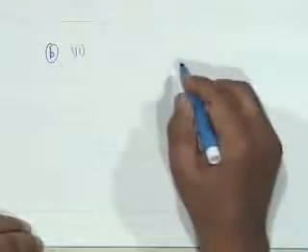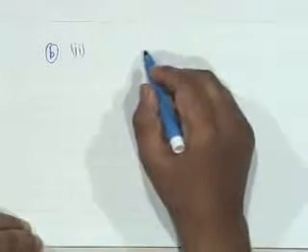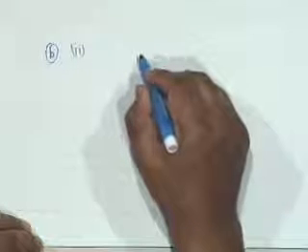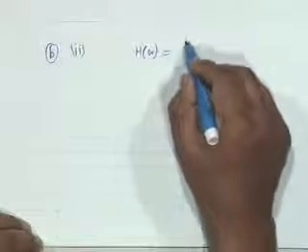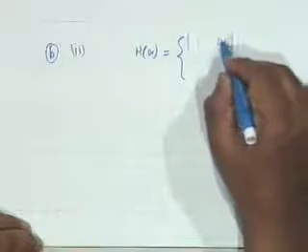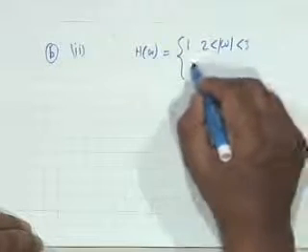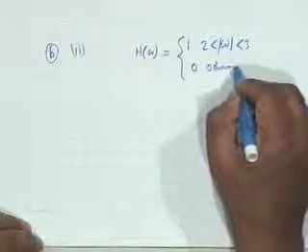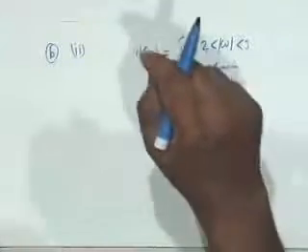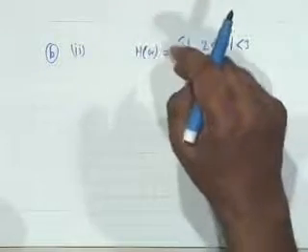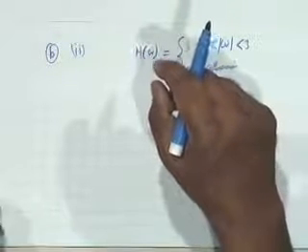The next part of the problem, B2, the same problem, that is H of omega is band limited, that is 1 for omega between 2 and 3 and it is 0 otherwise. Question is, is it possible to design an inverse system of this?